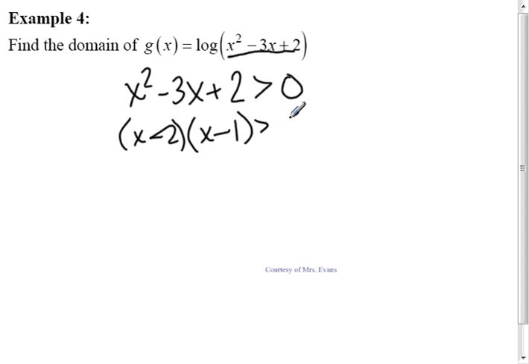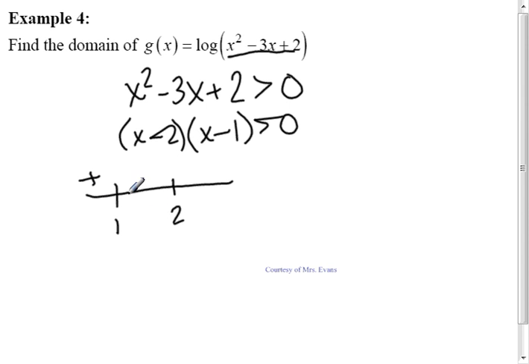is greater than 0. And hopefully you remember, if we sketch a quick little number line and put our zeros on here, plug in different values, or compare it to the graph, just to determine which parts are positive and negative. If you put in 0, we're going to get a negative times a negative, and negative times negative should give us a positive number.